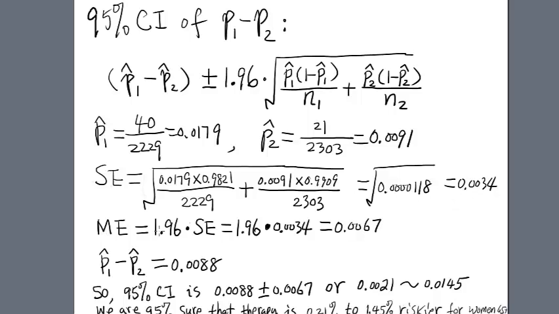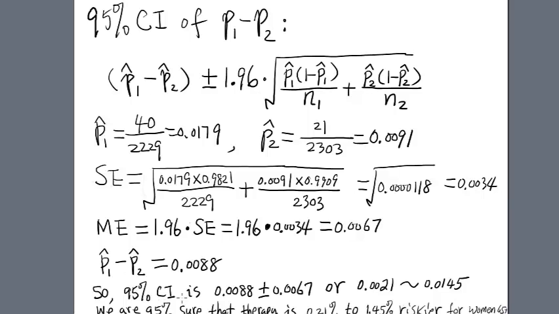Margin of error is critical value times standard error, which is 0.0067. Finally, we calculate the difference between P1 hat and P2 hat. We get that. So we plug every piece into the formula.